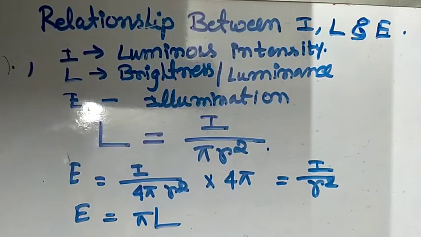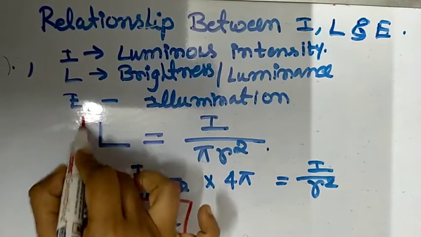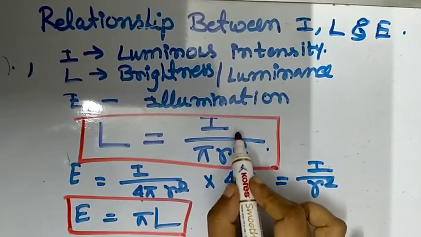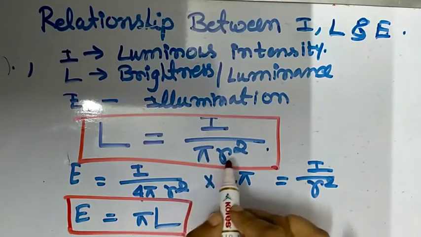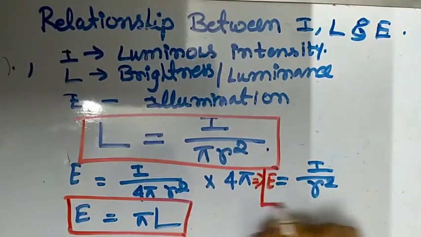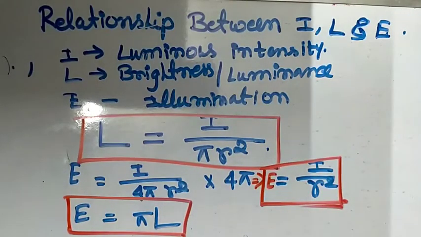So illumination is equal to 3.14 into brightness. L is equal to luminous intensity by pi R square, and E is equal to I by R square. So these are the relationships between I, L and E. Clear?